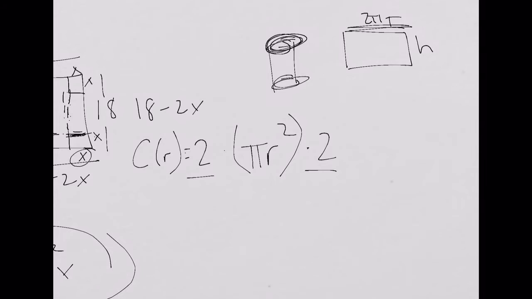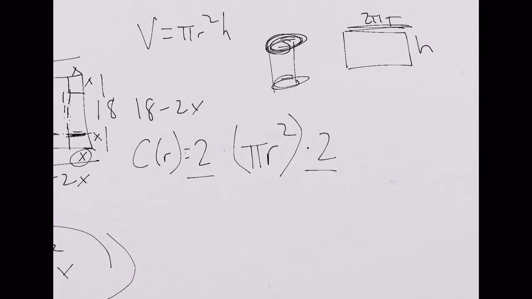Now, we were told in this one, you're designing a soft drink container that has the shape of a right circular cylinder. The container must have a volume of 16 fluid ounces. So the volume has to be 16 fluid ounces. So here's another equation. I have volume equals pi r squared times height.